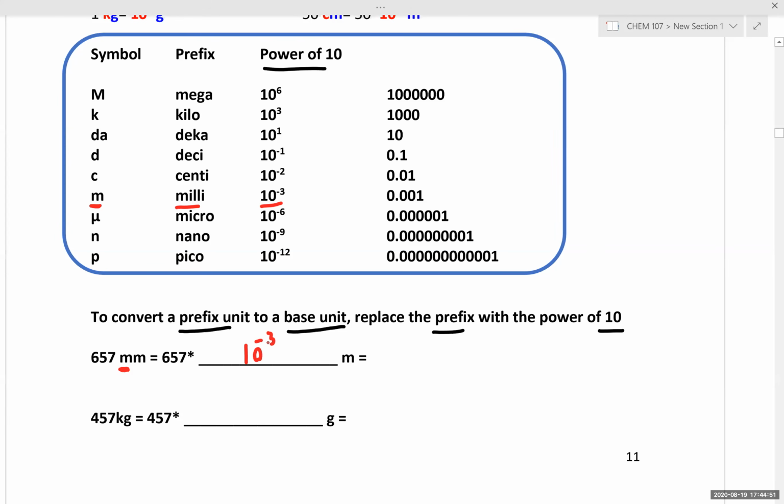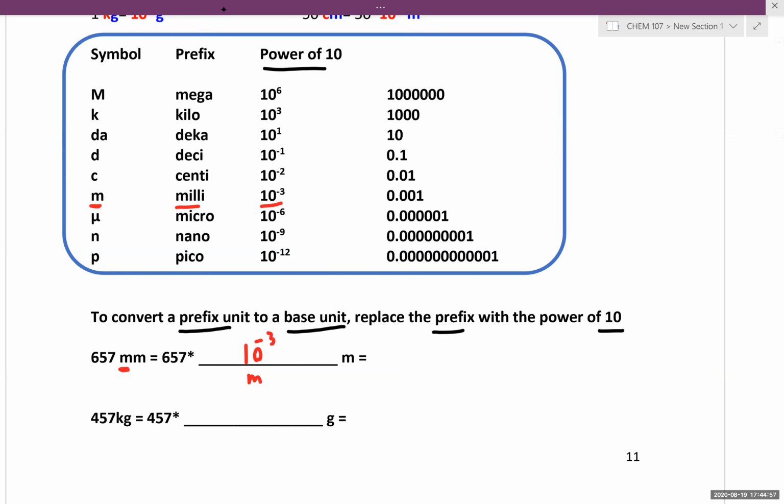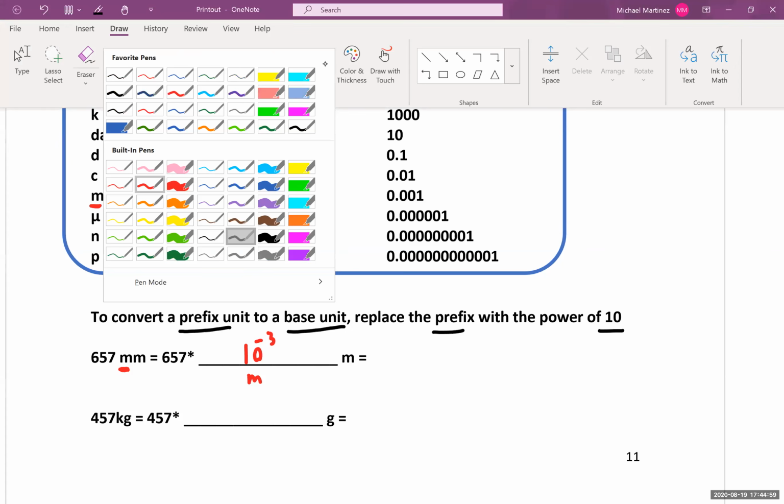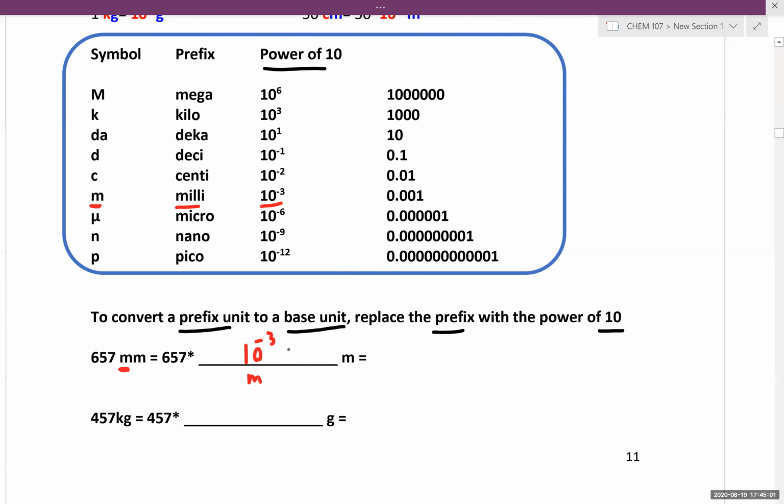So we write 10 to the -3 in the place of our milli prefix. Now, all we do is we multiply our number by this power of 10, and that gives us 0.657 meters. So we've gone from a prefix unit to our base unit. Does that make sense to everyone?